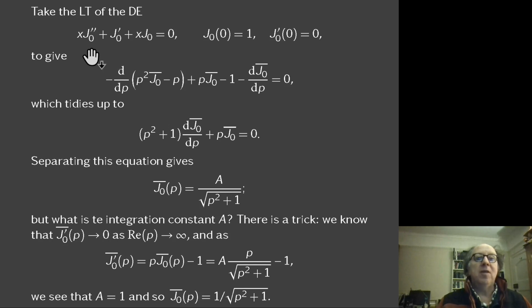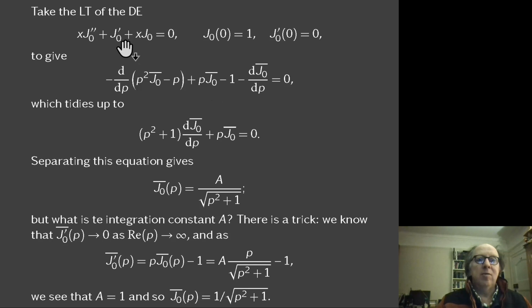So let's take the Laplace transform of the differential equation. X J0 double prime plus J0 prime plus X J0 is 0 with the boundary conditions. So the J0 double prime bit, the X here gives minus d by dp. J0 double prime gives you p squared J0 bar minus p. That p is p times this 1 here.